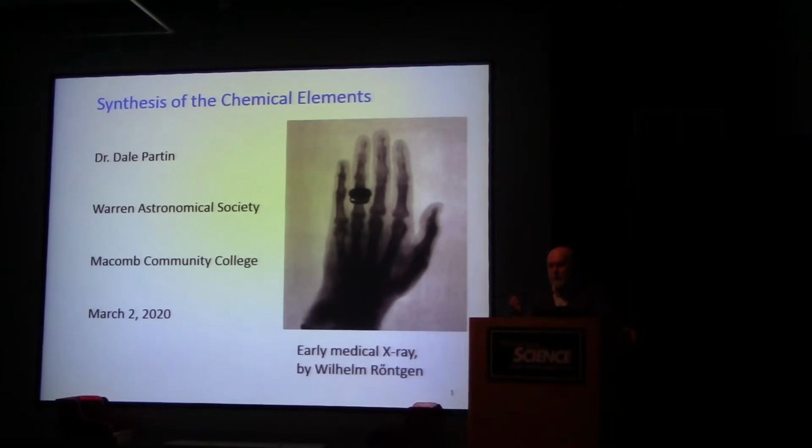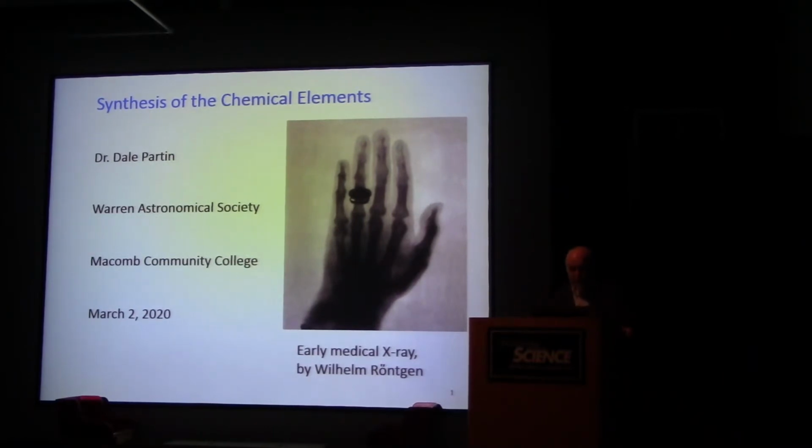How do those things first get synthesized in our universe? There's carbon all over the place in your hand. Your DNA has carbon in it. Your bones are largely calcium carbonate, so they have calcium in them. How did calcium get made in this universe?